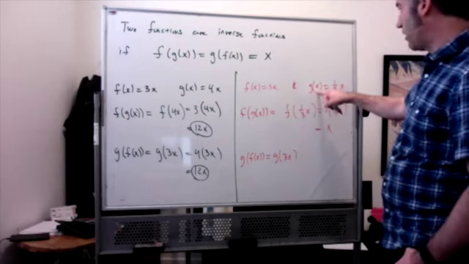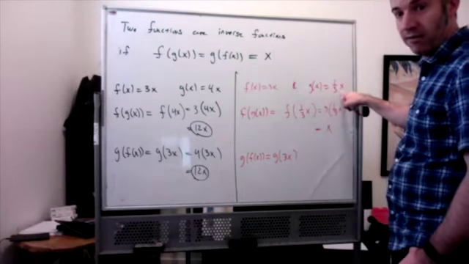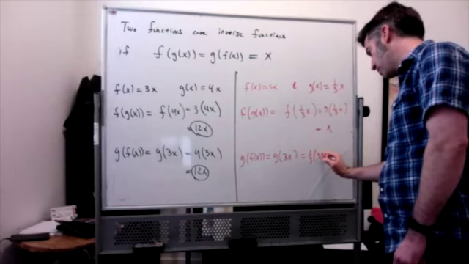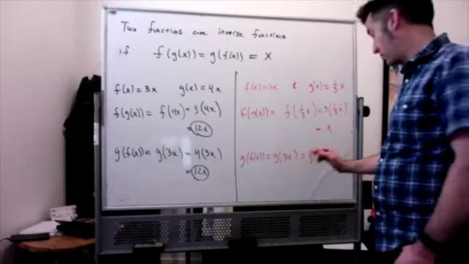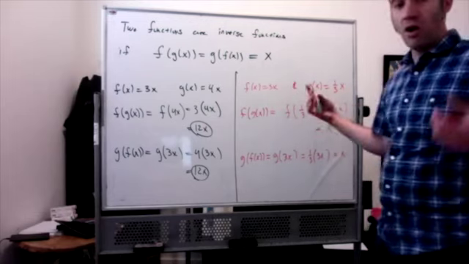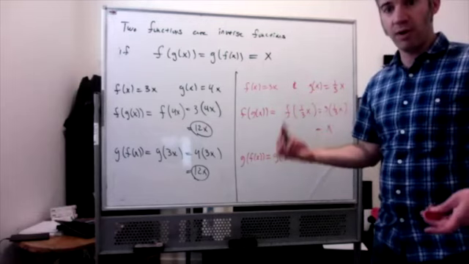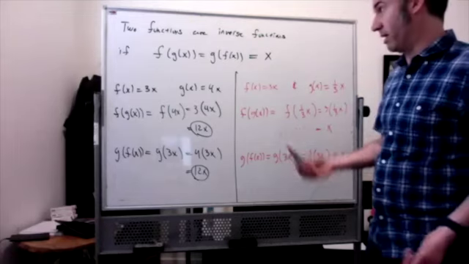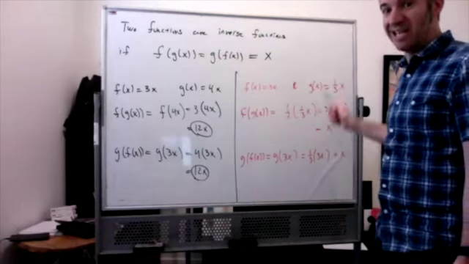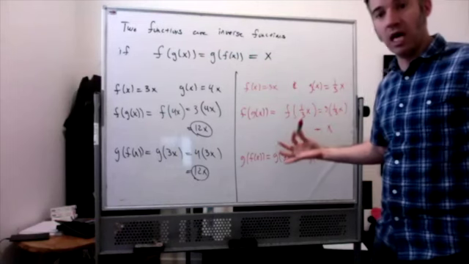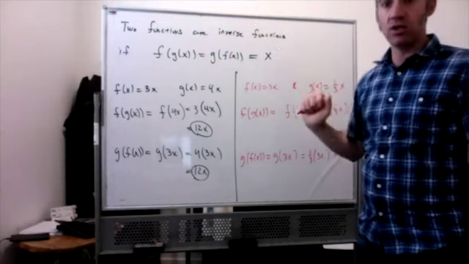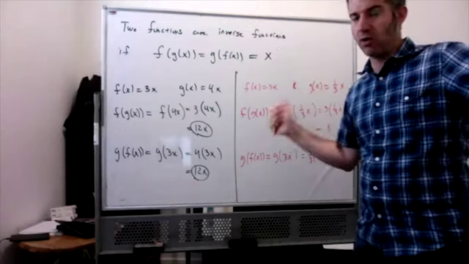But g of stuff equals 1/3 times your stuff, so g of 3x equals 1/3 times 3x, which is x. So these two functions, f and g, are inverses because when you compose them, you end up getting x. f of g of x and g of f of x are both equal to each other and equal to x. So they undid each other. f did one thing, multiplied by 3. g undid it, divided by 3, or multiplied by 1/3.